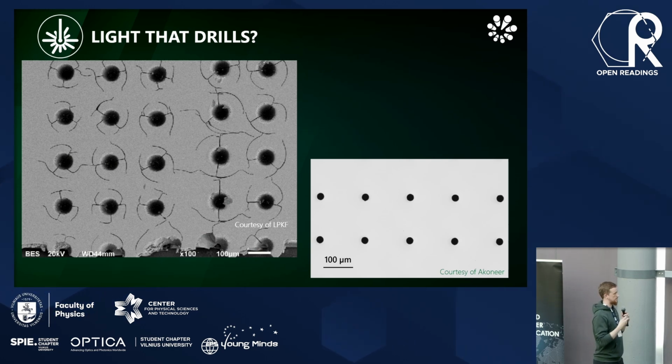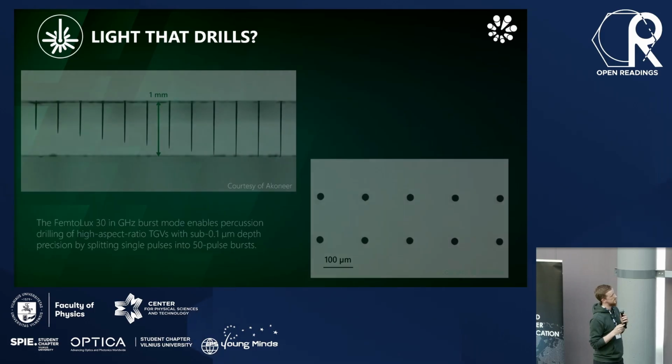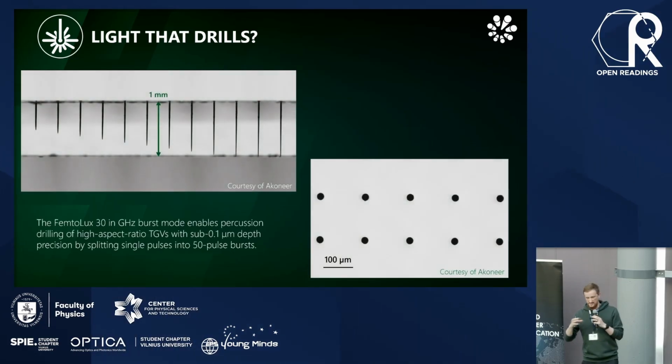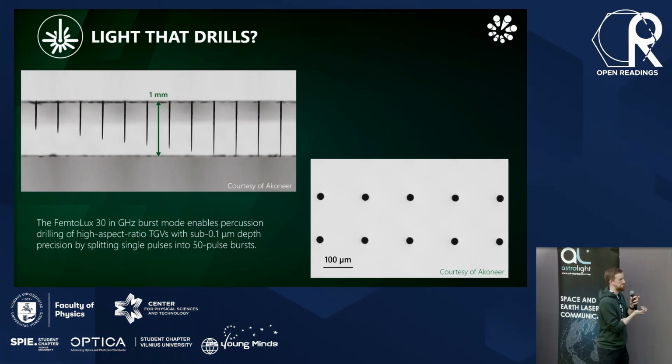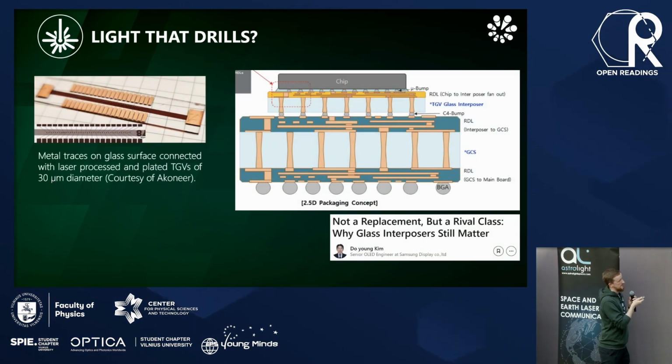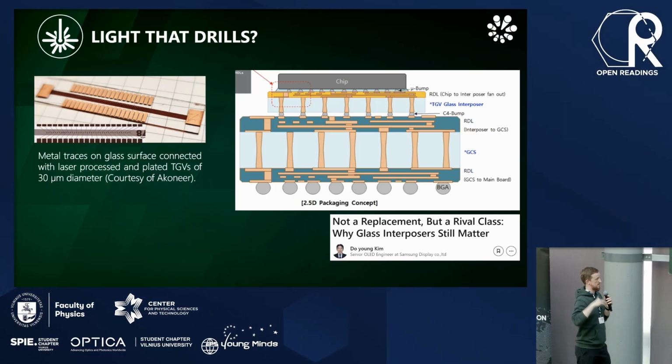In this case, a through glass via application can help us, let's go to this slide, to sandwich different microchips into one chip, so to say, which looks like this. We have a microchip on the top. We have a glass substrate as an interlayer, as an insulator. And we need to cut the holes through the glass, which will work as contacts to connect several different microchips. It's called advanced packaging.